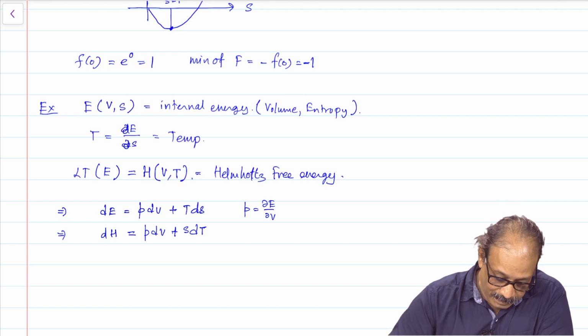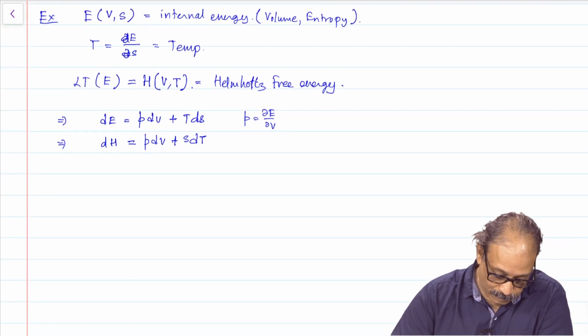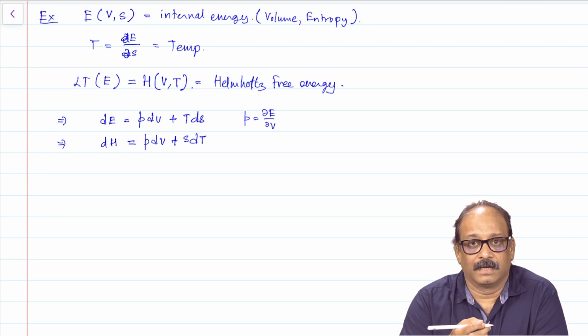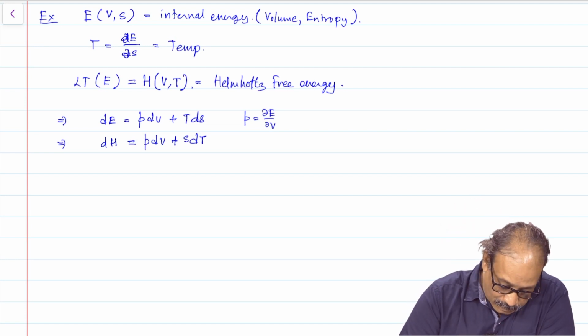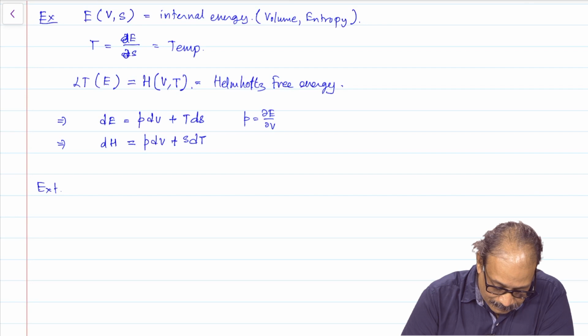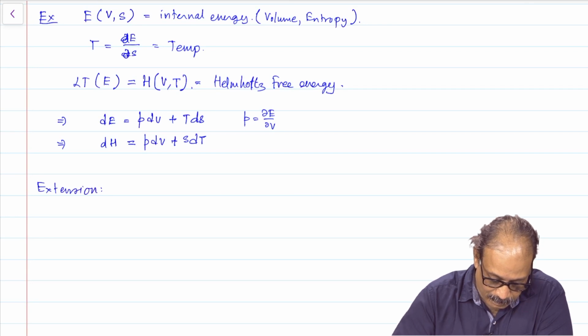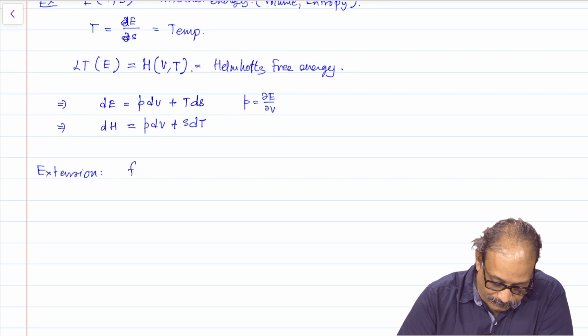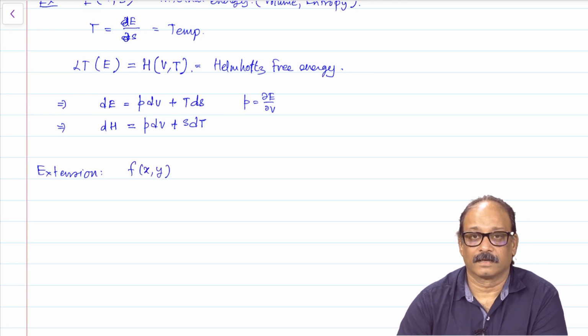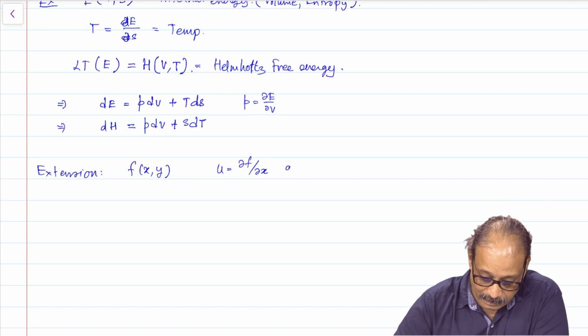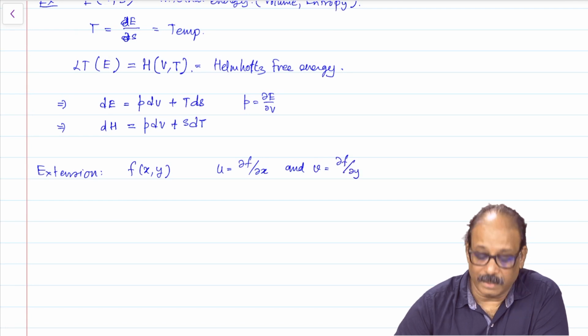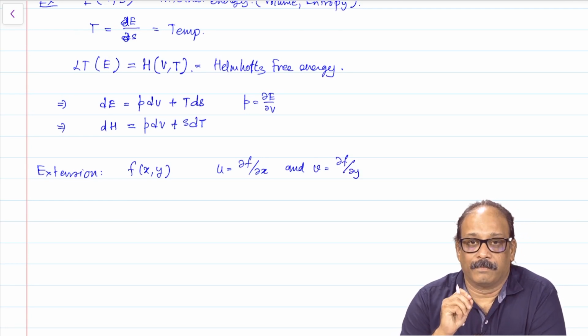Okay. So, let me also generalize this method to functions of many variables and probably simultaneously take the Legendre transform with respect to the arguments. The extension would be very simple. So, f is a function of two variables. Then you define new variables u as the partial derivative with respect to x and v as the partial derivative with respect to y. Remember, the convexity must hold.